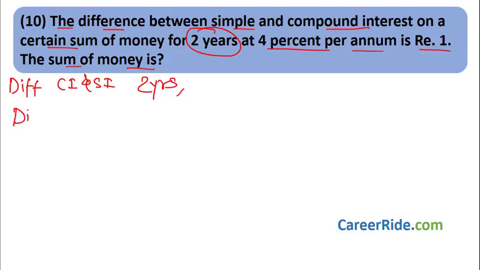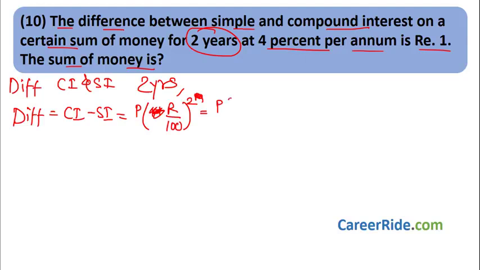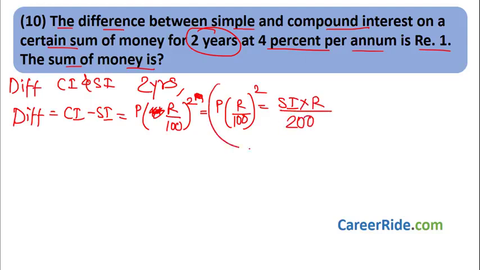Compound interest minus simple interest will always be equal to, what is the formula for compound interest? P into 1 plus R upon 100 raised to n. But we remove this, and instead of n, what do we write? 2 years, because the time period given is 2 years. So what is the formula? P into R upon 100 the whole square, and that is also equal to simple interest multiplied by rate of interest upon 200. So this is the formula.